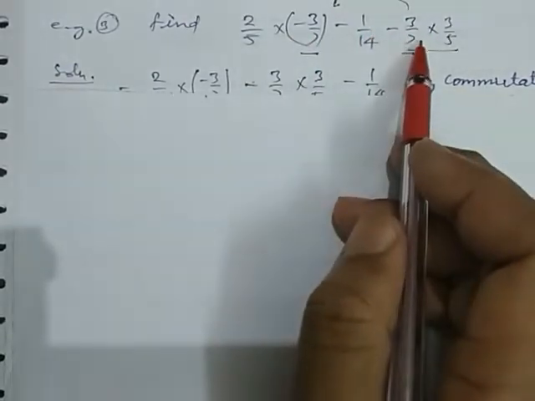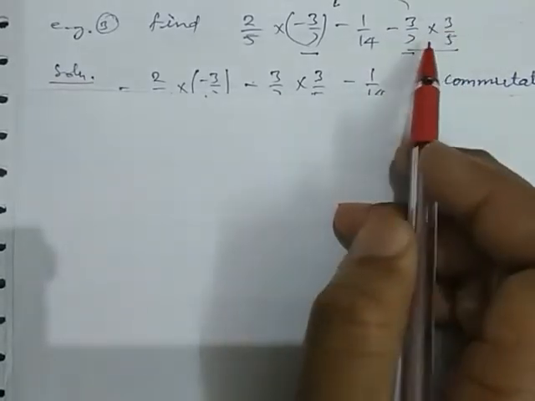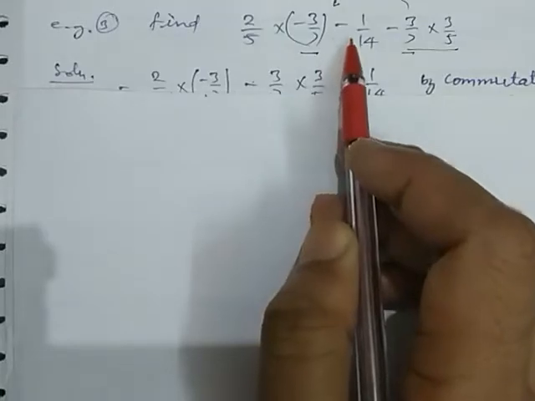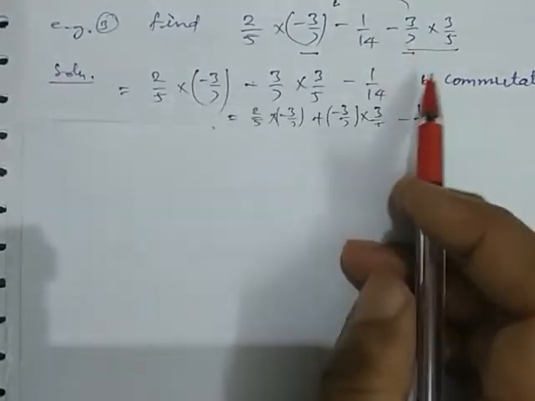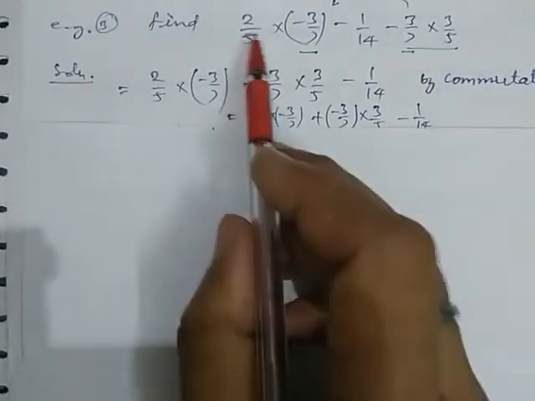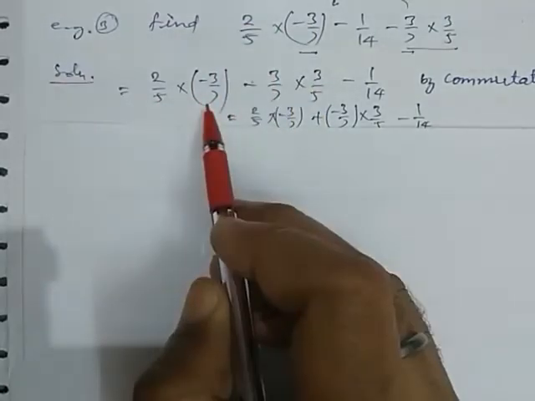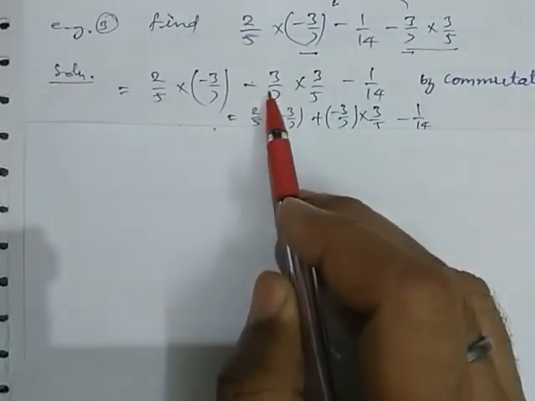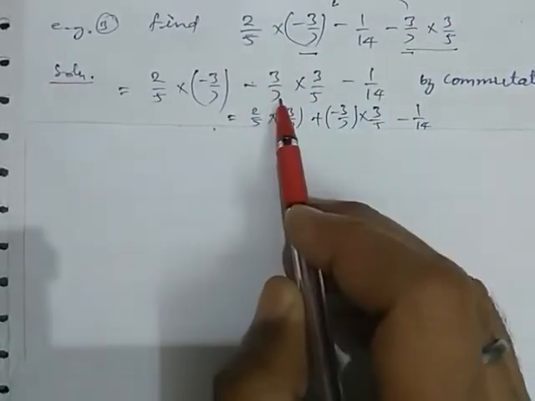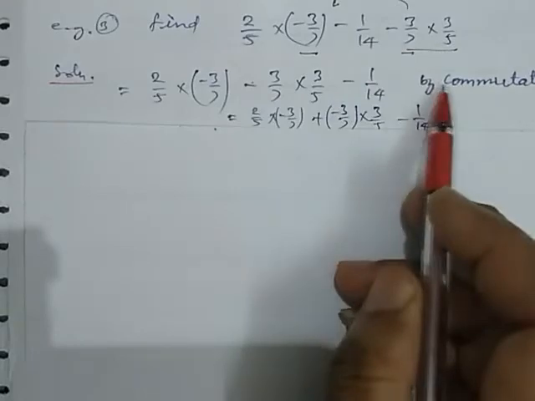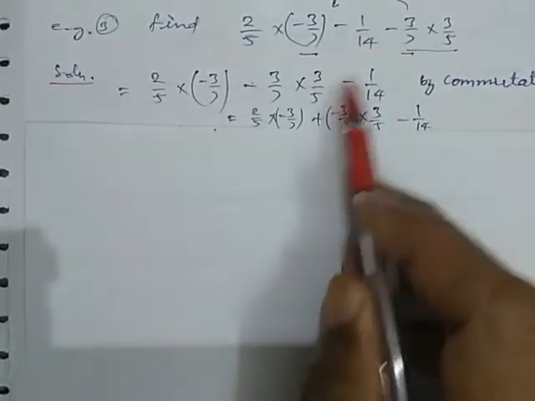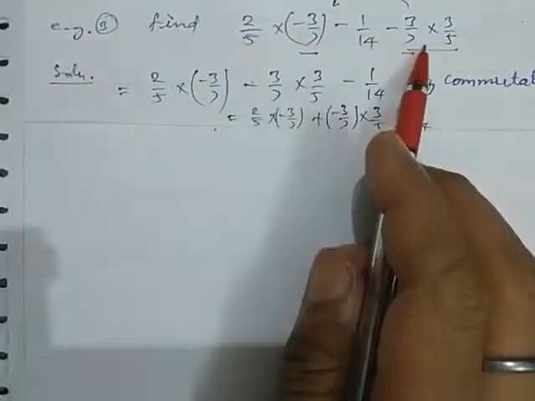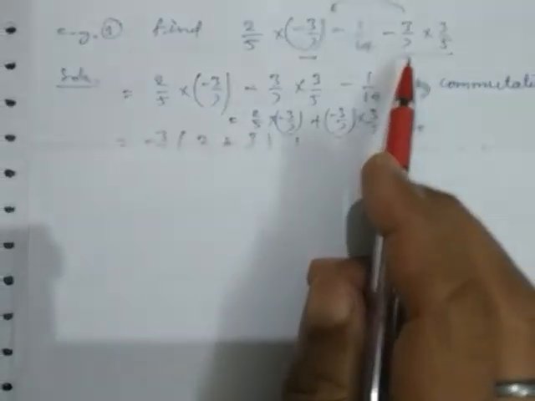So we move these two terms near to each other by commutativity. First we shift this here, 2 by 5 into minus 3 by 7. Now the other term we write here with the sign, minus 3 by 7 into 3 by 5, by commutativity, and this minus 1 by 14 is shifted here because by commutativity there is no change.